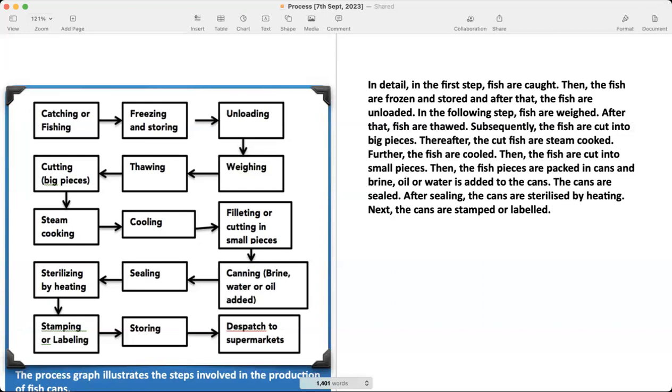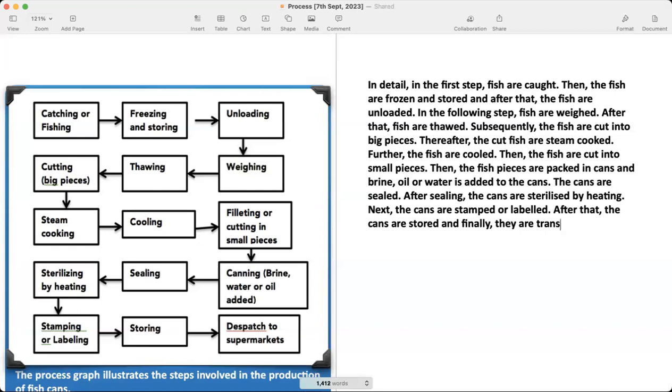Okay, after that, after that, the cans are stored. And finally, they are dispatched to supermarkets. Okay, and another word for dispatch, do you know the meaning?